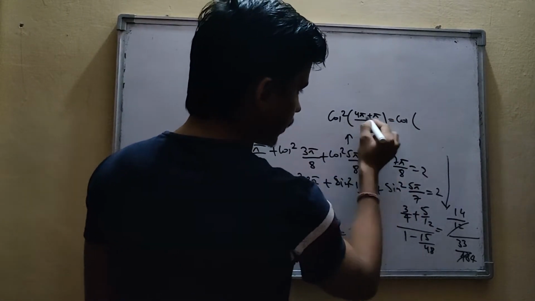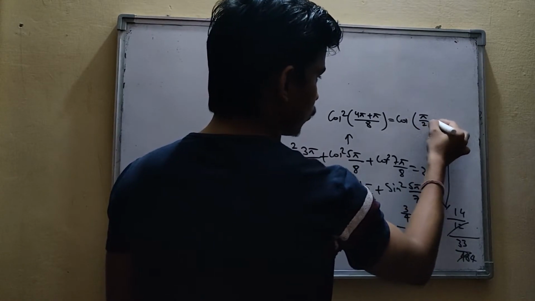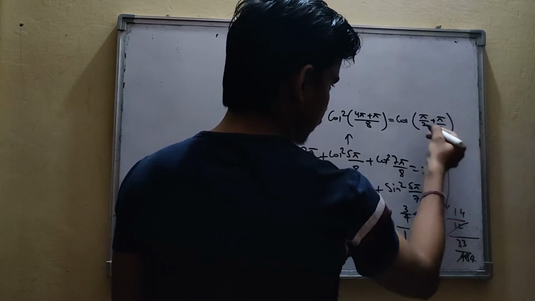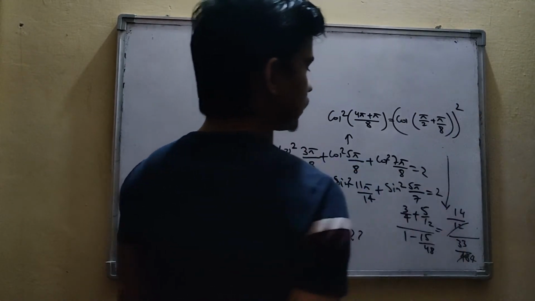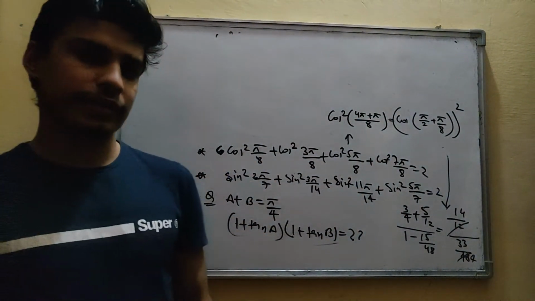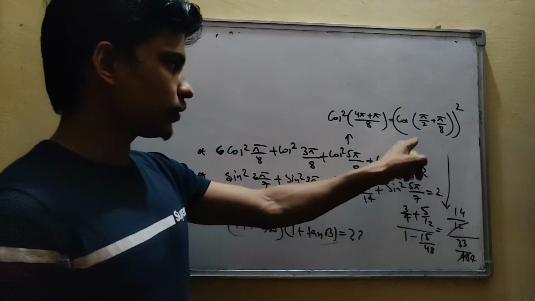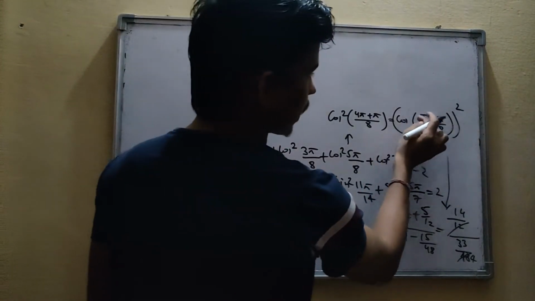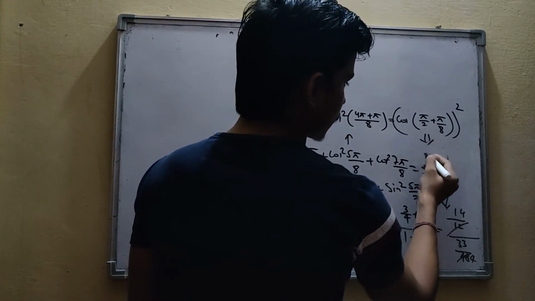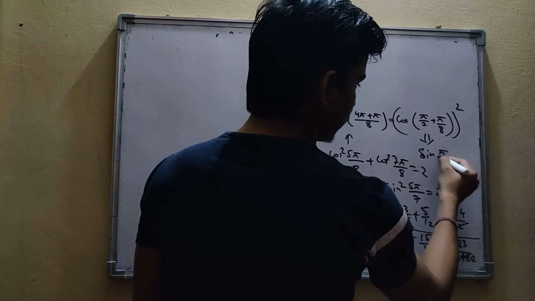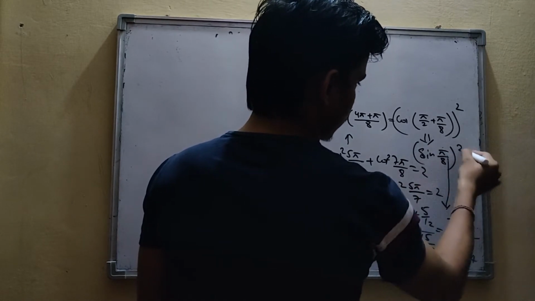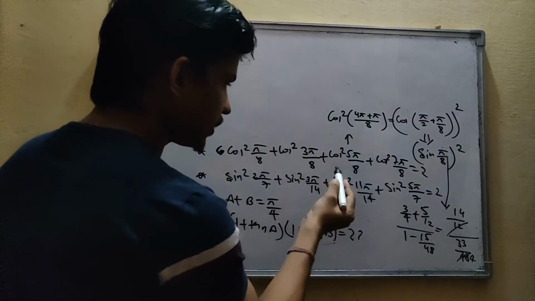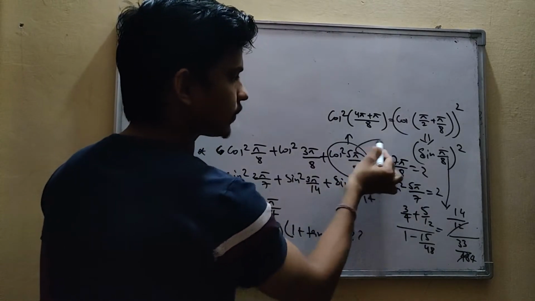Cos, if I separate them, this is going to be pi by 2 plus pi by 8, square. You can write it this way and this way also, right? So this is how you can do this. Now cos(pi by 2 plus pi by 8) is going to be sin(pi by 8) square, right? So this is basically this.